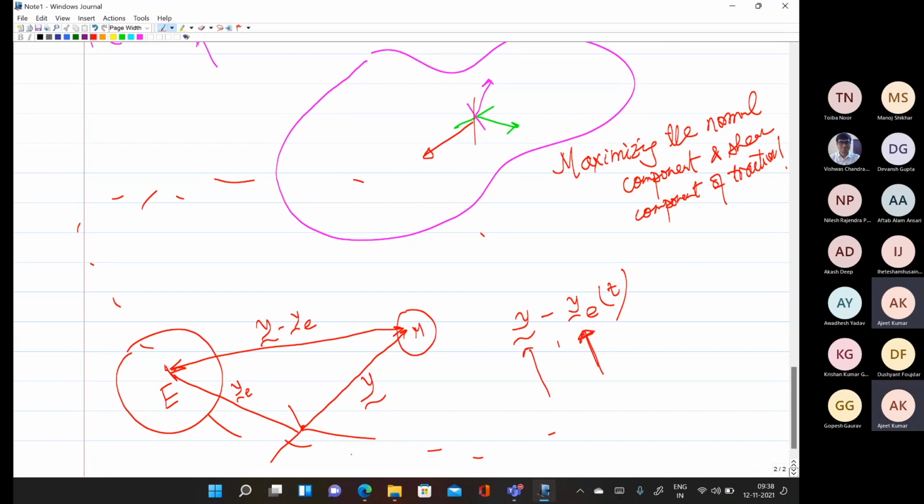Ye is the motion of the Earth, which we can say is known to us. Earth is having its own motion, and we are trying to analyze the motion of the Moon. So if ye is known, then you can see that it's an explicit dependence on time. All right, because we changed the frame and it brought it outside of both the Earth and Moon. Okay, thank you. I got it.